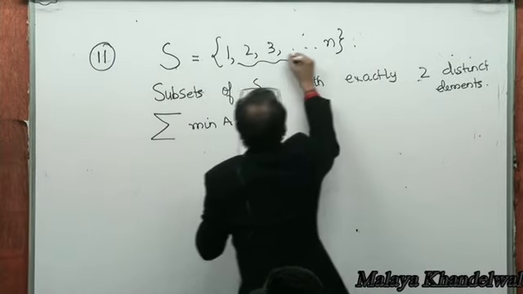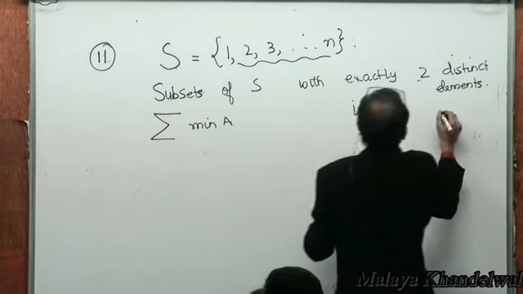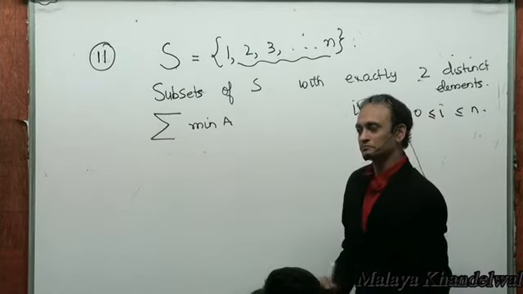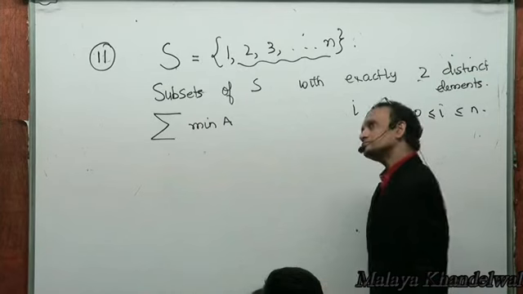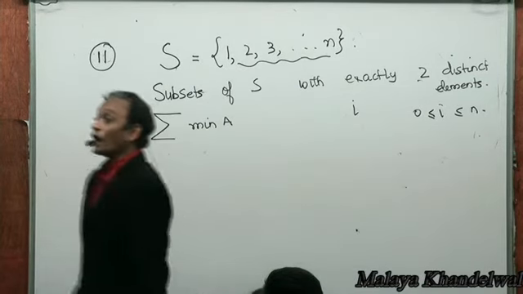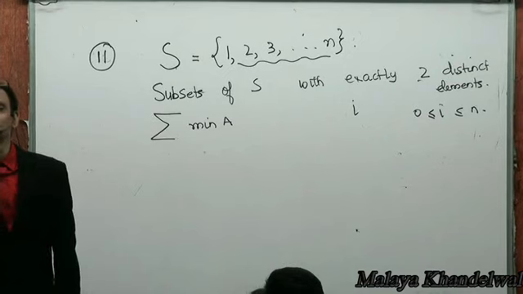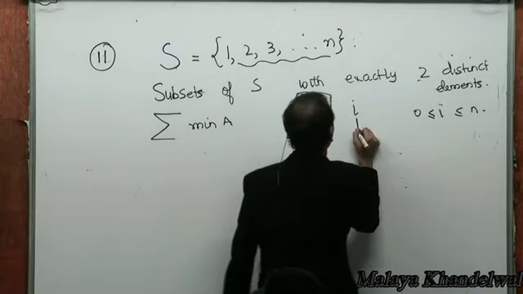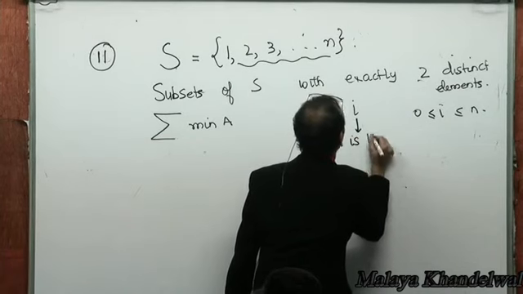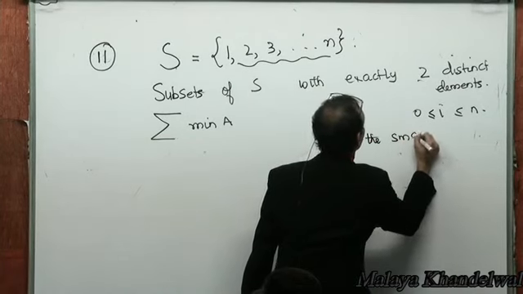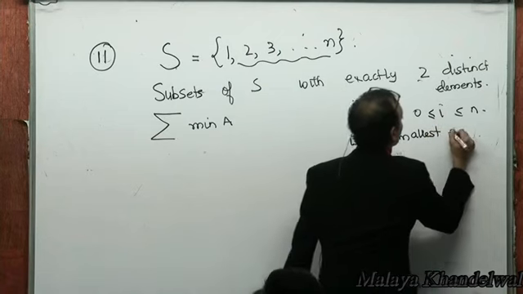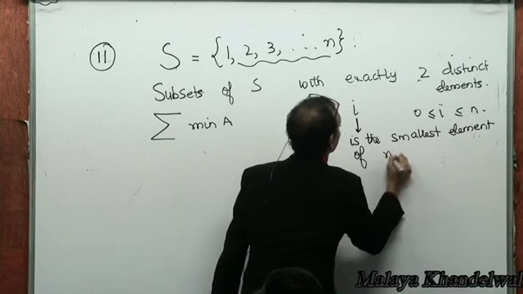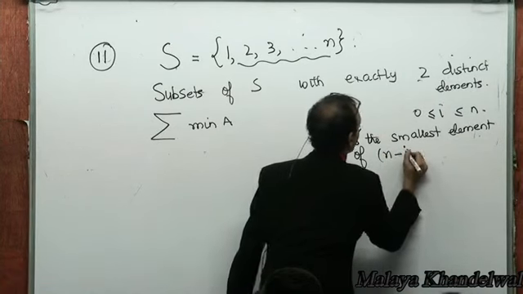Suppose there is a member i here. I maintain that i is the smallest element of n minus i subsets. Tell me.